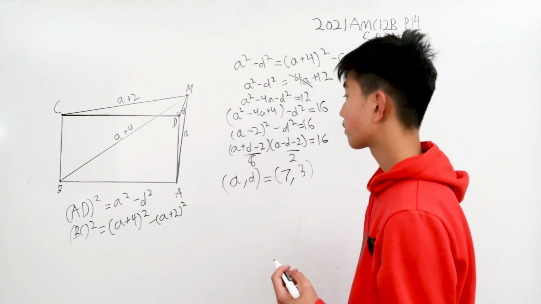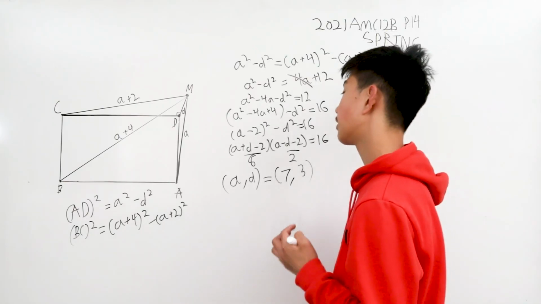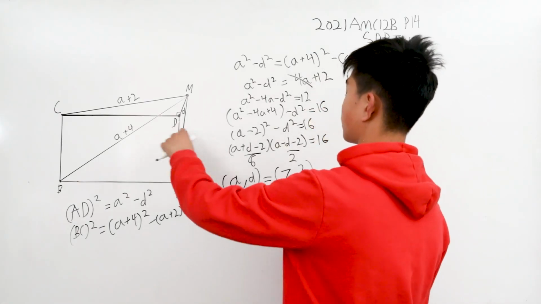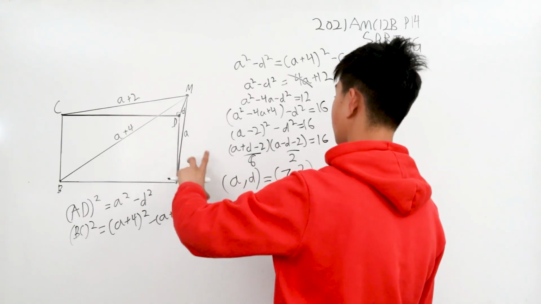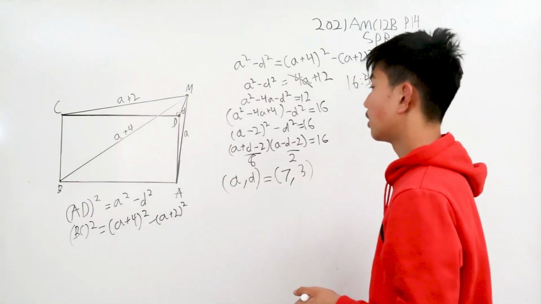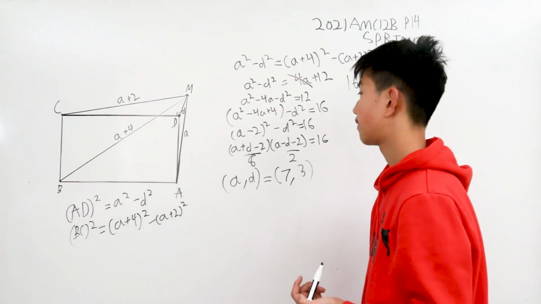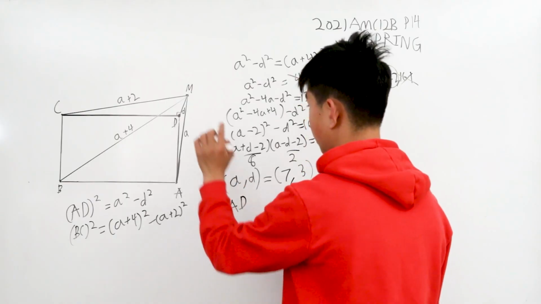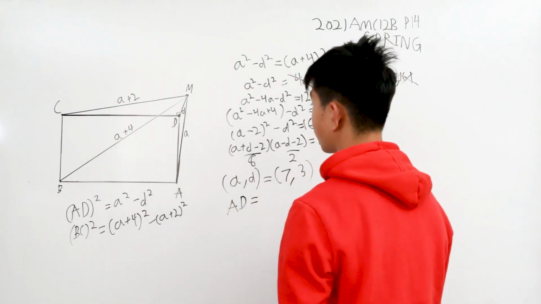And what's the volume? It's just of a pyramid. A pyramid's volume is 1/3 times the base area, like the rectangle in this case, times the height. So we want to find the base area. AD is one of the side lengths. How do we get AD?